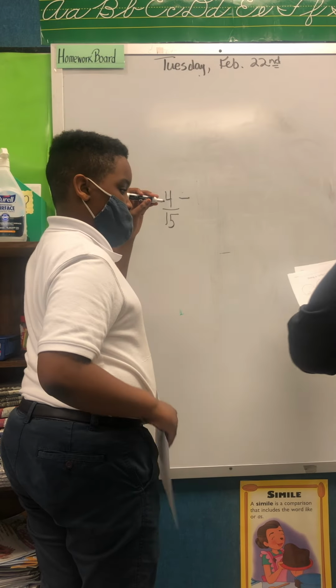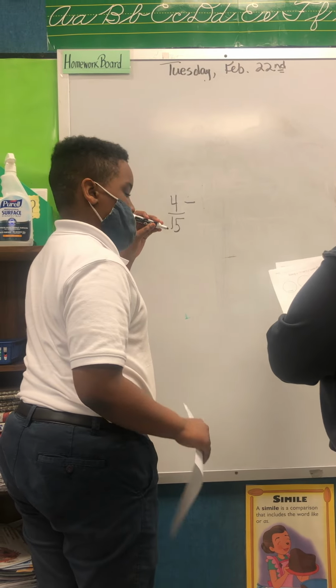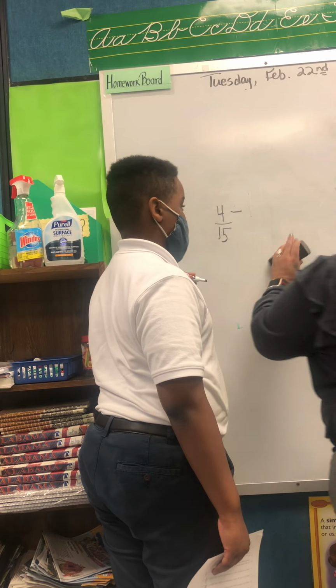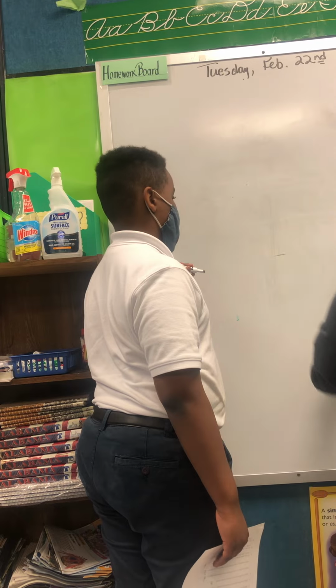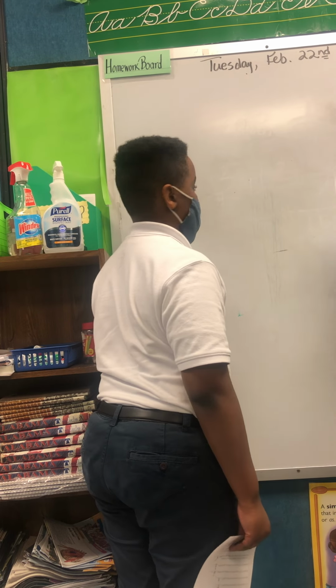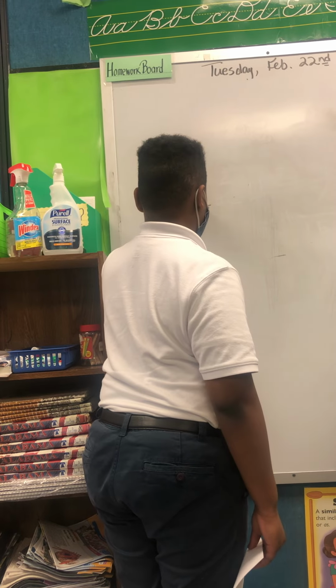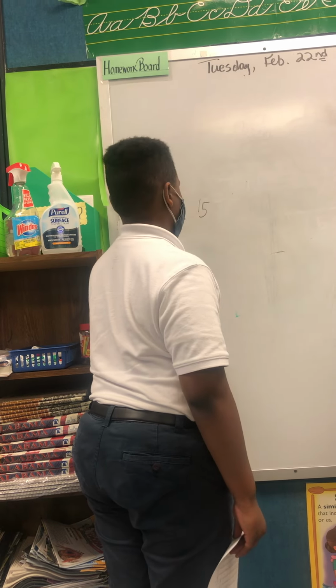What was your total? They said if you were to eat all of, so you need to represent what you had. How many did you have altogether? 15. Okay, so go ahead and put that first. You need to work with the bigger number first because you subtracted. Over 15.